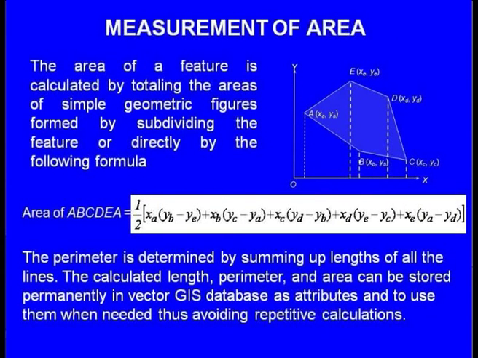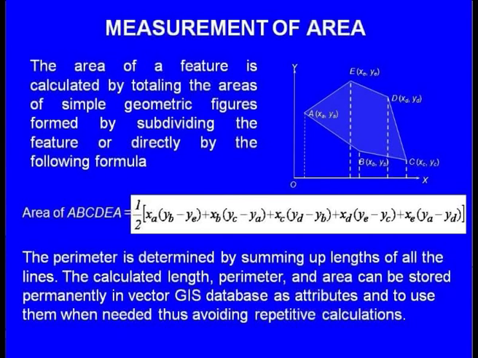In order to make measurement of an area, the area of a feature is calculated by totaling the areas of simple geometric figures formed by subdividing the feature or directly applying the following formula.